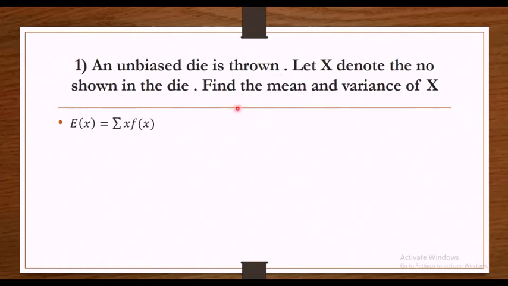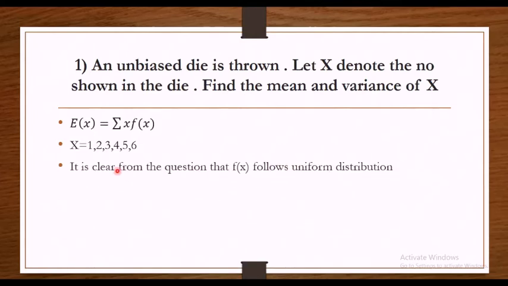Now the information is not directly given, so here I should know what values X takes. As I said before, X takes the values 1, 2, 3, 4, 5 and 6. It is clear from the question that X follows a uniform distribution.